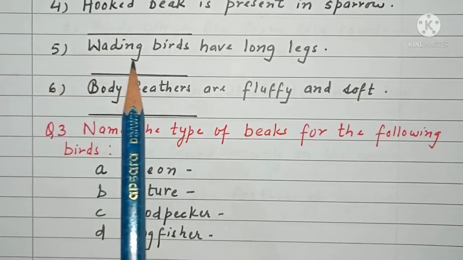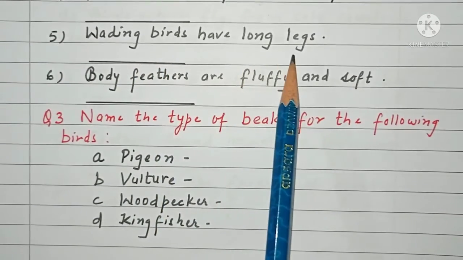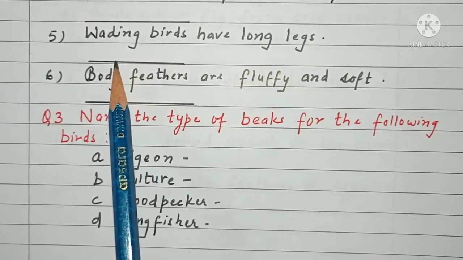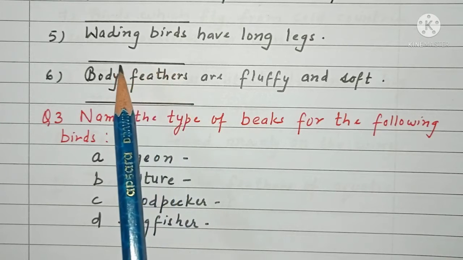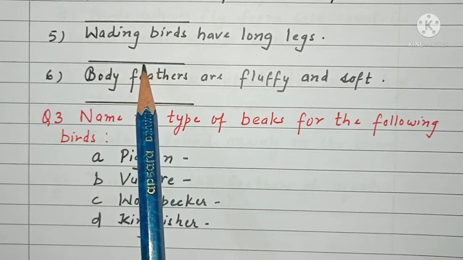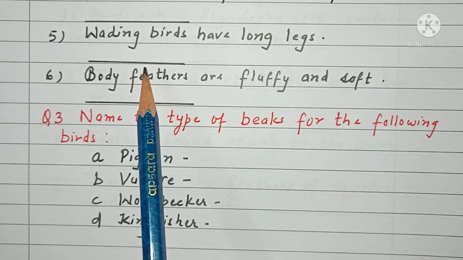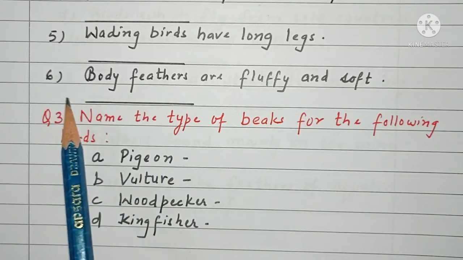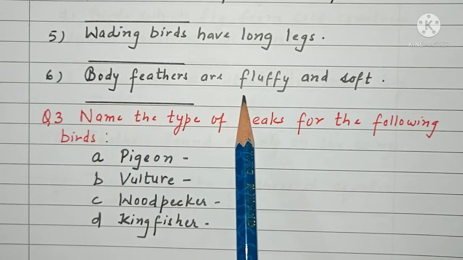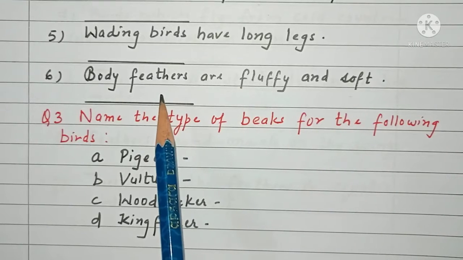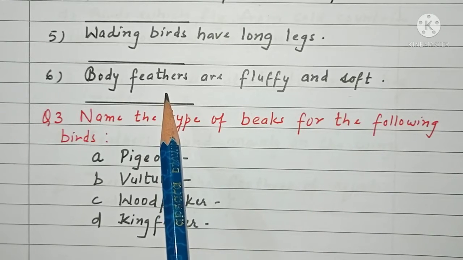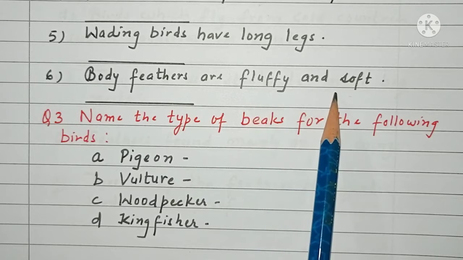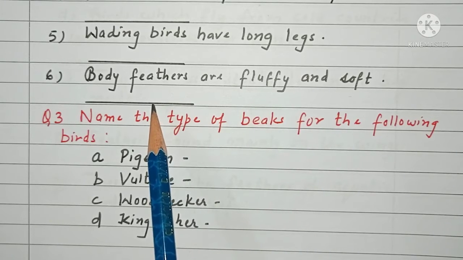And number 5, wading birds have long legs. Wading means the birds which go through the water or which walk through the water. So do they have wading legs? They need wading legs. And number 6, body feathers are fluffy and soft. Body feathers, they cover the complete body of the bird. Are they fluffy and soft? So write down the answer.